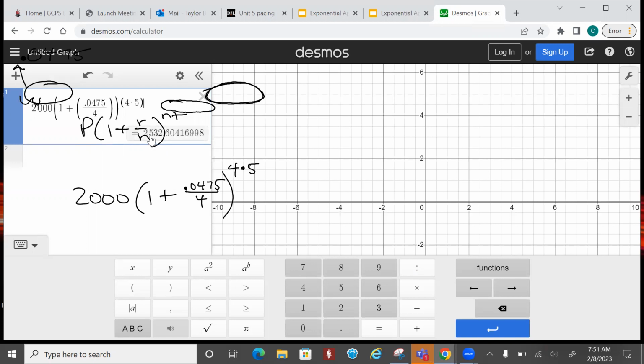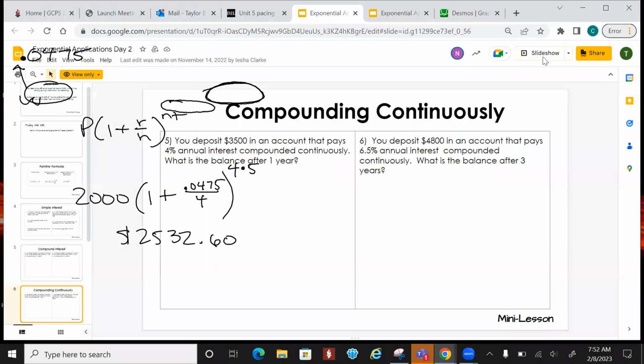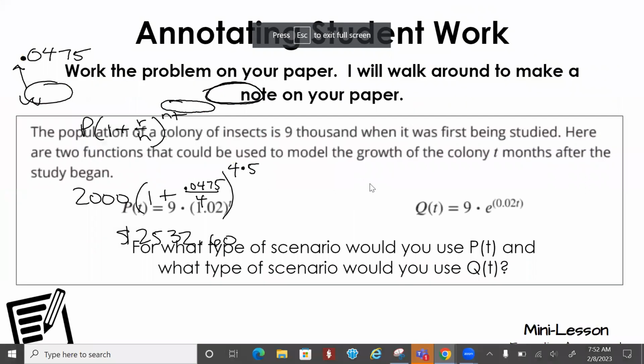And that's going to give me $2,532.60. Remember, money is always rounded to 2 decimal places.